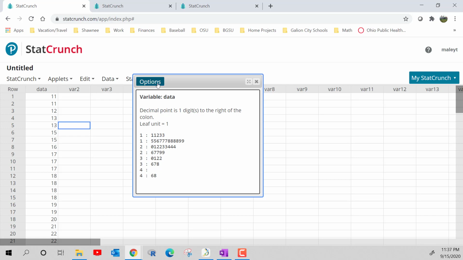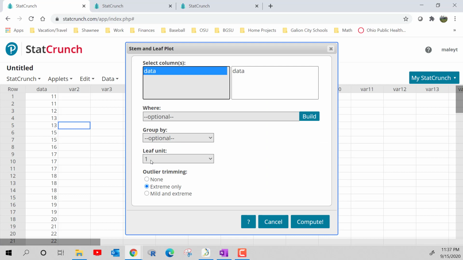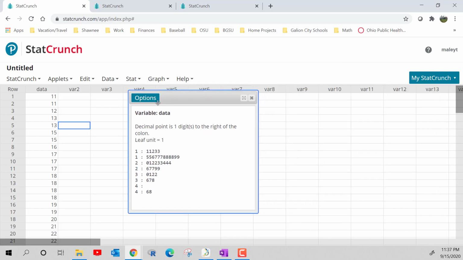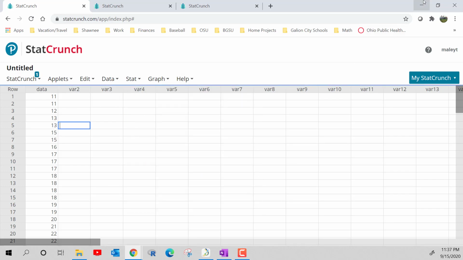I don't think there's an easy way to change that in StatCrunch. It chooses that automatically, like the bins.